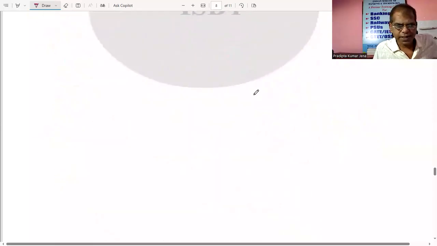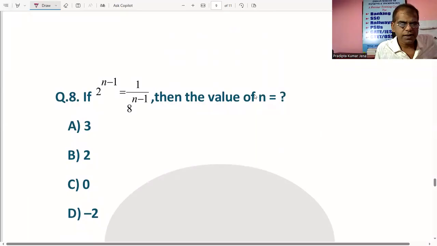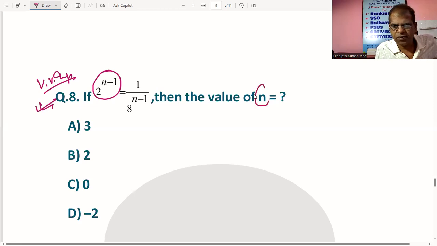So number 8, look. Very interesting question, very tricky question, important question. 2 to the power n minus 1 is equal to 1 upon 8 to the power n minus 1. Then what is the value of n? Very interesting question.